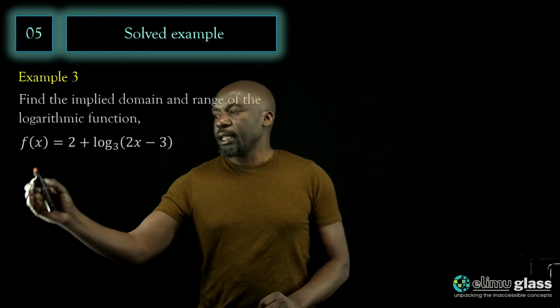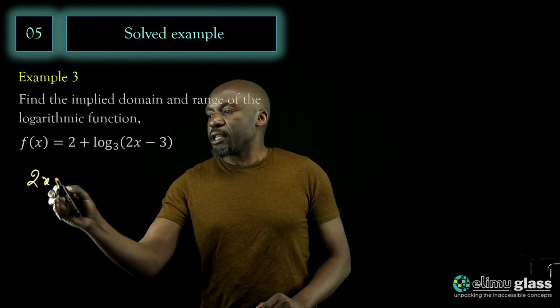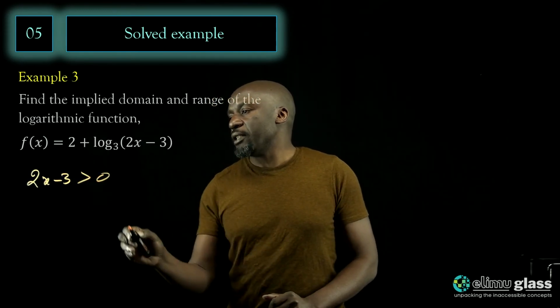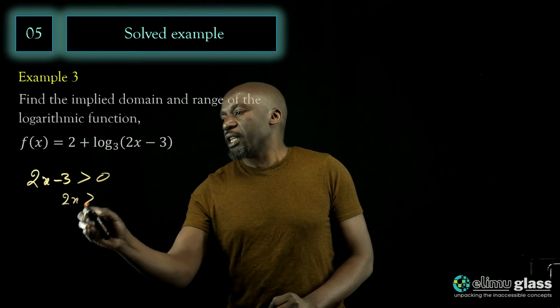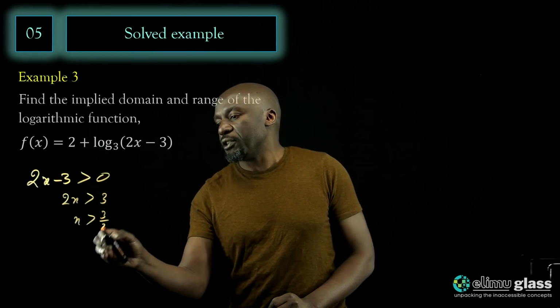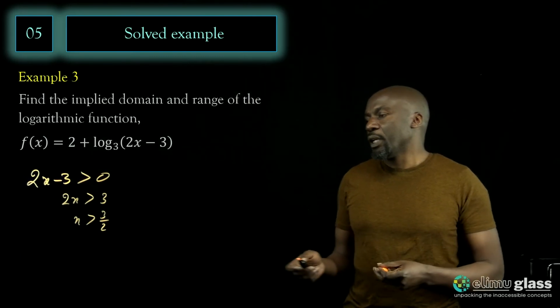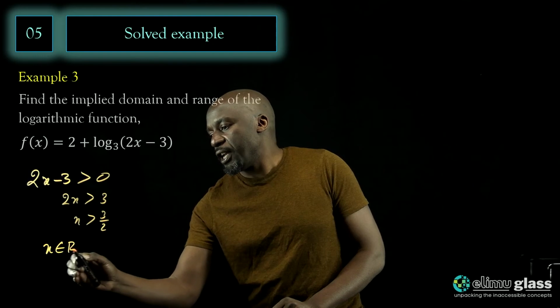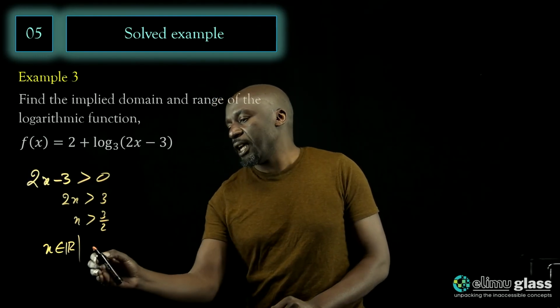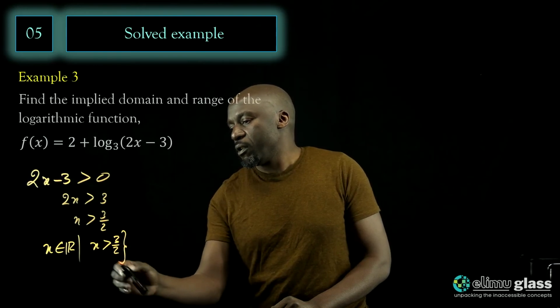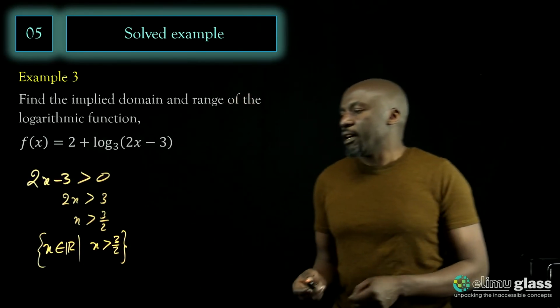So once again, 2x minus 3, the argument has to be greater than 0. 2x must be greater than 3, and x has to be greater than 3 over 2, 1.5. And so the domain is x, is all real numbers, so that x is always greater than 3 over 2. That's enough to do.